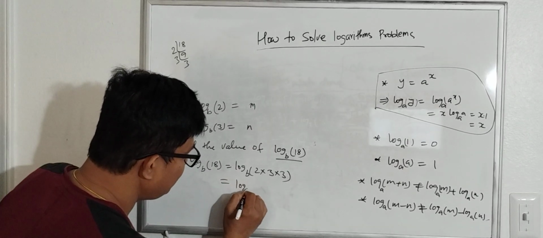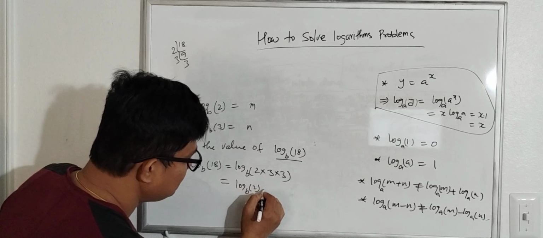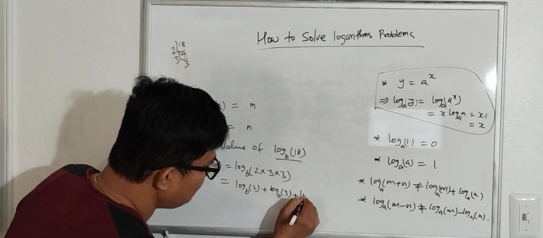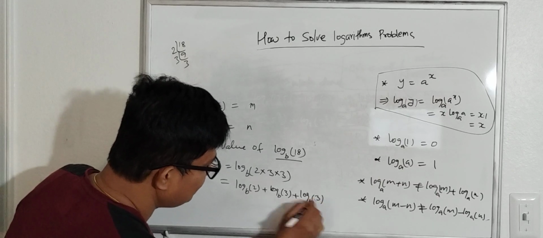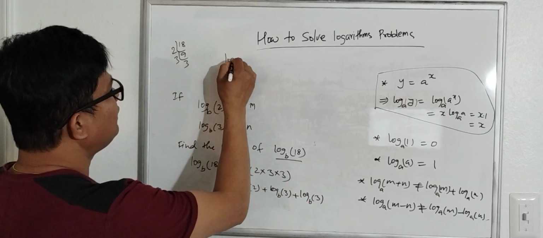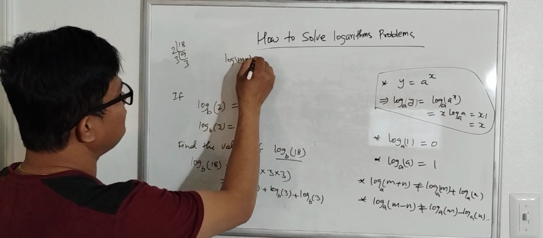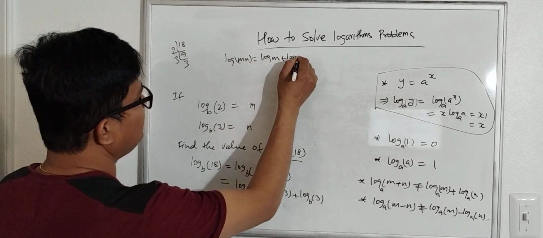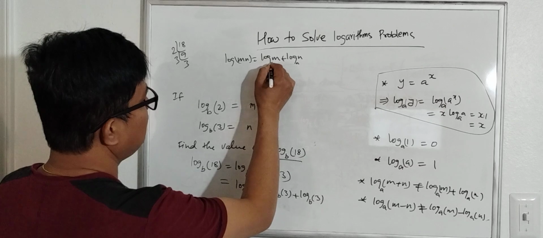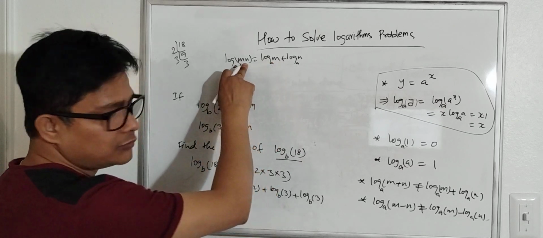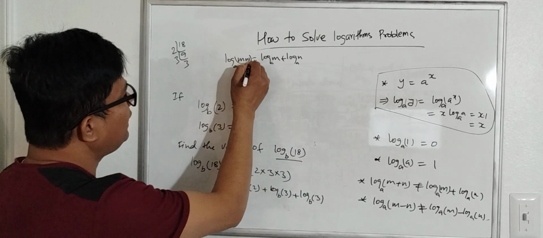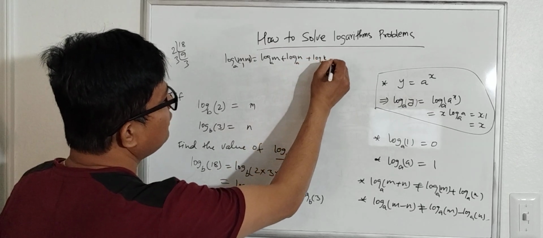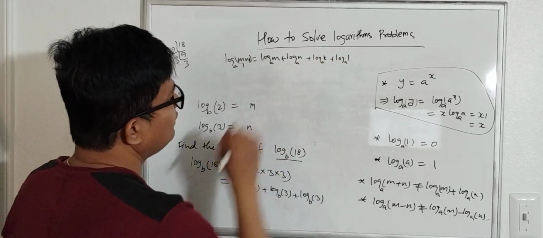So now log b 2 plus log b 3 plus log b 3. Correct? Because we learned that log of mn was equal to log m plus log n. I'm just not writing the base, it can be anything, let's call it a. And if you have k times l, then you just add them: log a k plus log a l.